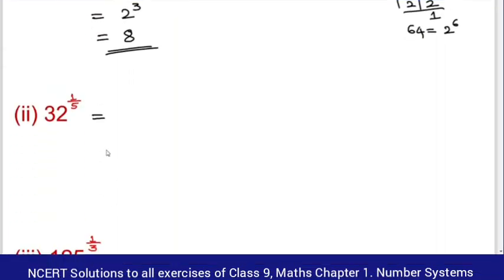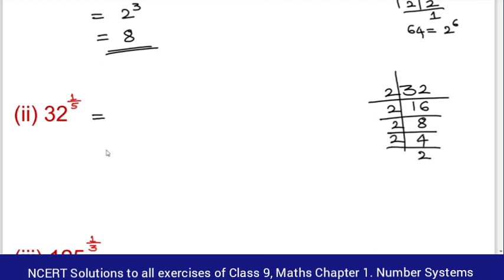Now second one, 32 raised to 1 by 5. So prime factors of 32 are: 2 sixteens are 32, 2 eights are 16, 2 fours are 8, 2 twos are 4, 2 ones are 2. So we got 32 is equal to 2 raised to 5 whole to the power 1 by 5.